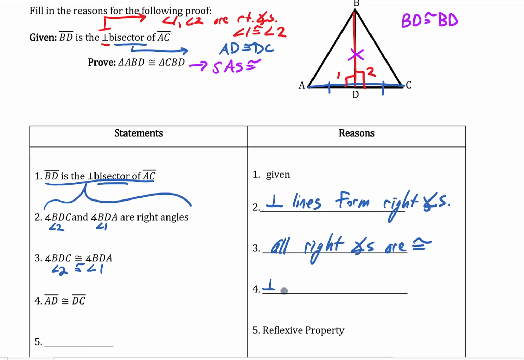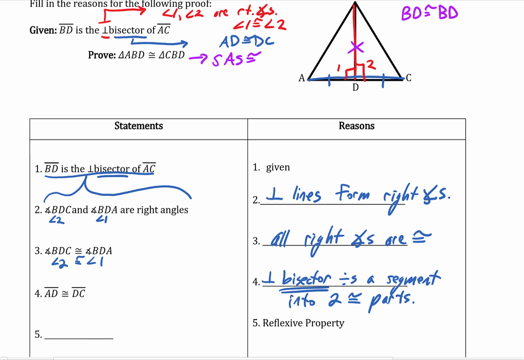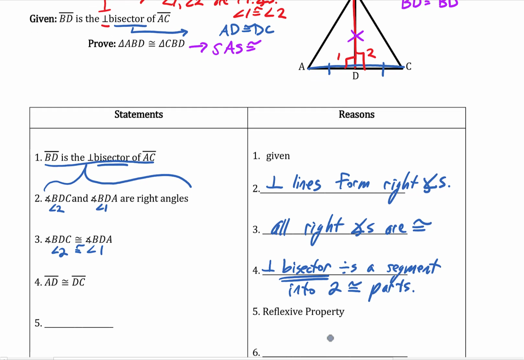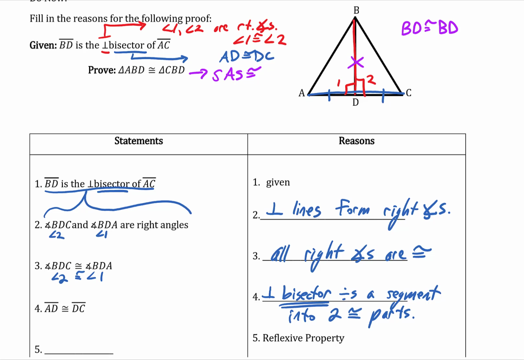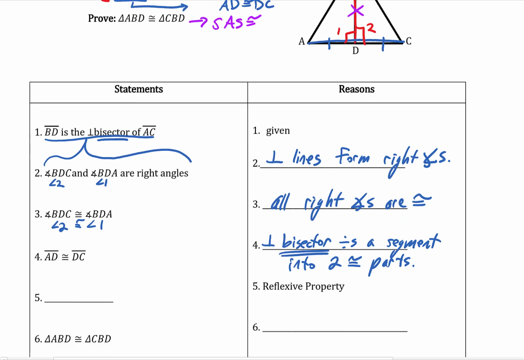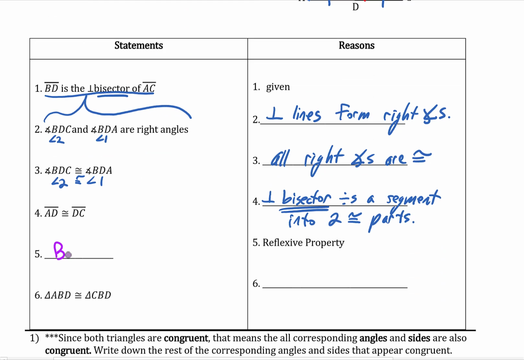Well, a perpendicular bisector, the whole part bisector there, says that it divides a segment into two congruent parts. Okay, now we have this reflexive property here, and as we realized, BD is shared by both triangles. So we're going to say BD is congruent to BD. BD is congruent to itself.